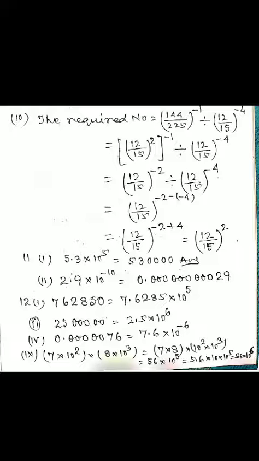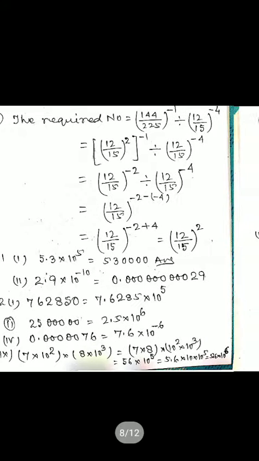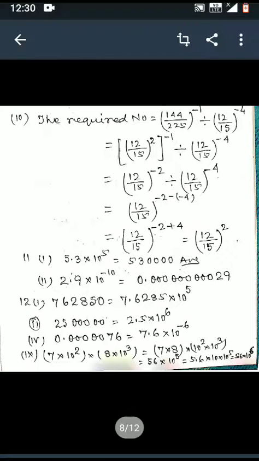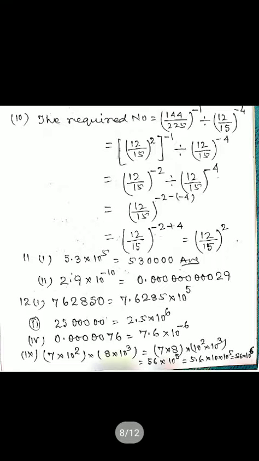The required number equal to 144 by 225 raised to the power minus 1 divided by 12 by 15 raised to the power minus 4. 144 by 225 can be written as 12 by 15 whole square, and total raised to the power minus 1, divided by 12 by 15 raised to the power minus 4. 12 by 15 raised to the power minus 2 divided by 12 by 15 raised to the power minus 4.